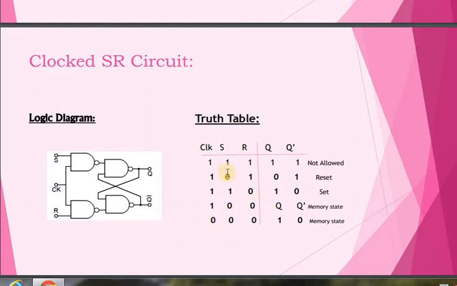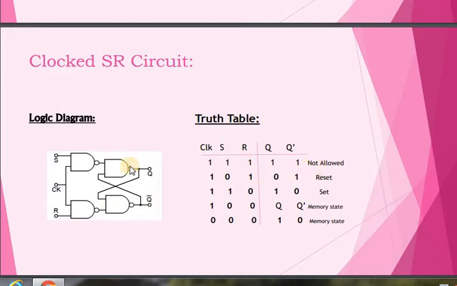When the clock is 1 and you are giving both inputs as 1, that is, clock input is 1, S equal to 1 and R equal to 1. You know, in the NAND gate, if any one input is 0, the output will be 1. If both the inputs are 1 and the clock is also 1, the output will be 0.